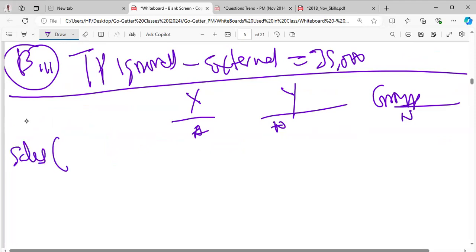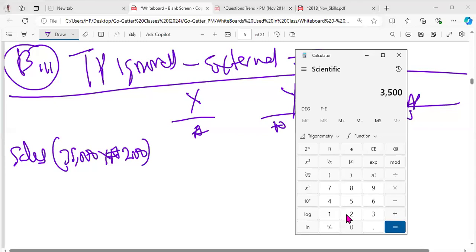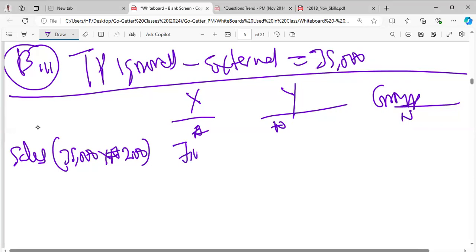Sales here is 35,000 at 200, market price 7 million.